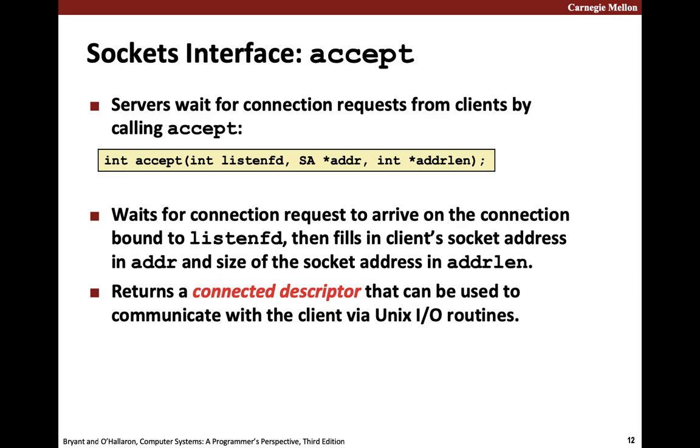And what's going to happen is when a new client comes in and attempts to connect to us on the server side, accept will return, and the int that it returns represents a new socket that is not a listening socket anymore.